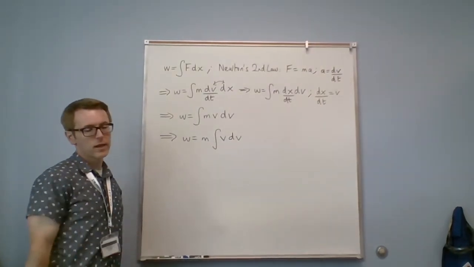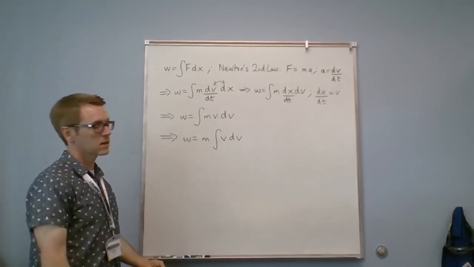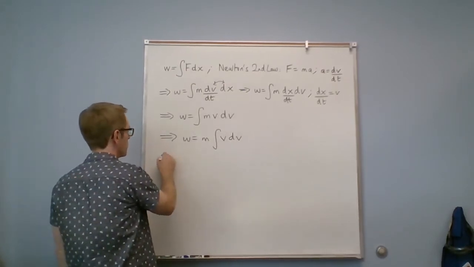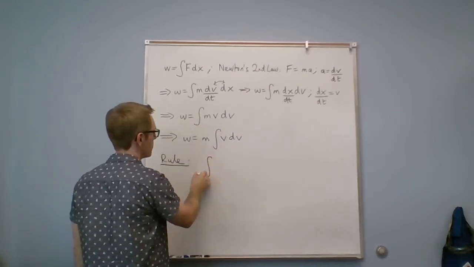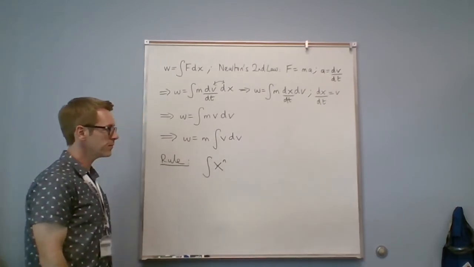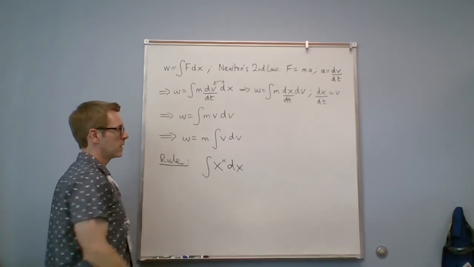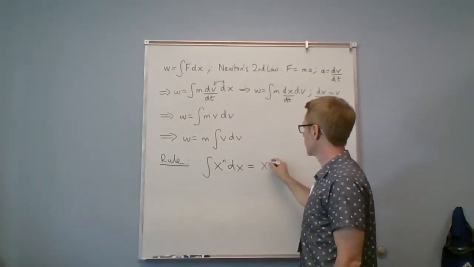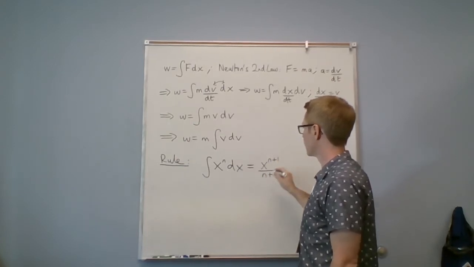So this is as far as we can go without explaining a quick rule. The following rule is a fundamental rule of integral calculus. If you take the sum of any variable raised to a power and then change it with the variable, then this fundamental rule says that this is equal to the variable to the power n plus 1 divided by n plus 1.